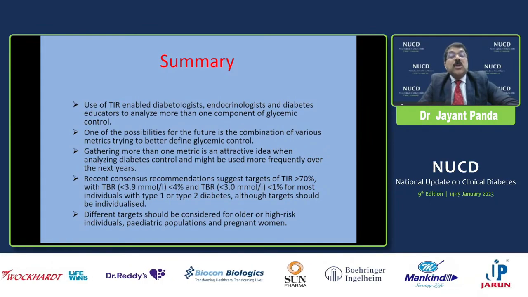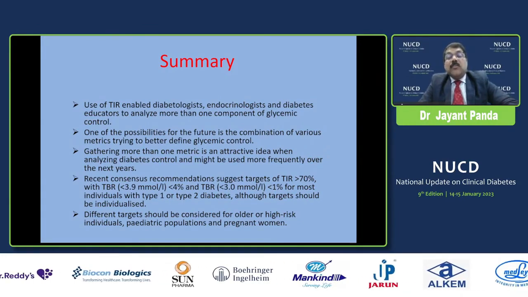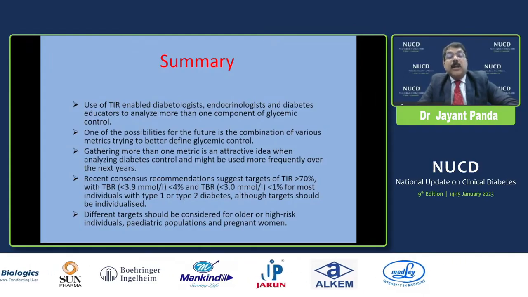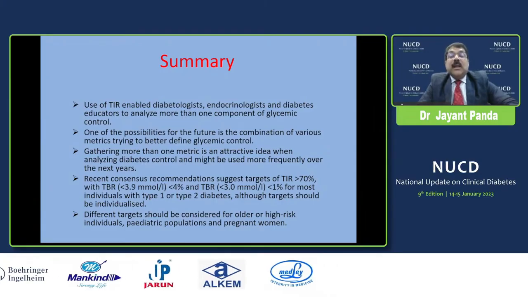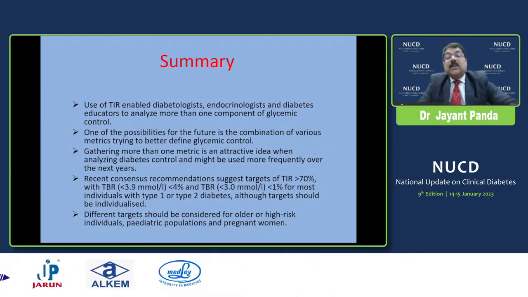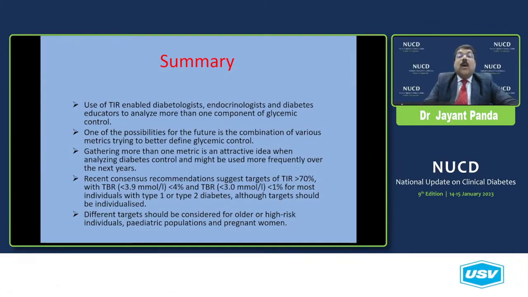Although the targets should be individualized, and different targets should be considered for older and higher risk individuals, the pediatric population, and pregnant women. So the 70 to 180, which is taken as time in range, at least 70% of the day should be in range, and the time below range and time above range should be as minimal as less than 4% and less than 1%.